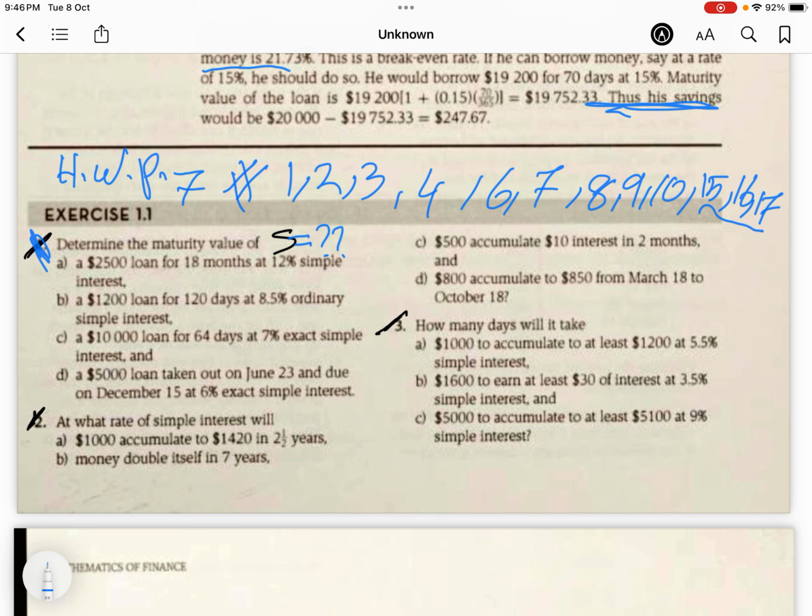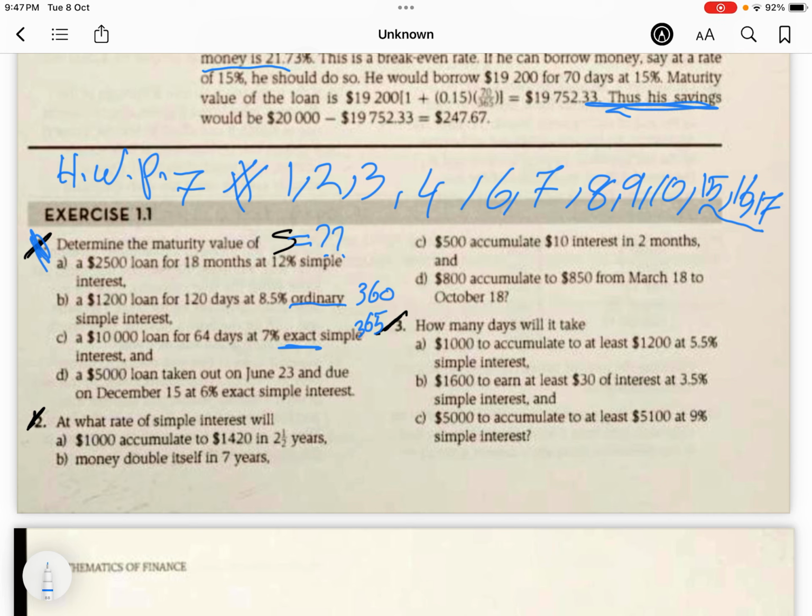Ordinary means you must divide by 360. C, a 10,000 loan for 64 days at 7% exact simple interest. Exact means you must divide by 365. Ordinary, divide by 360. Here, 365.